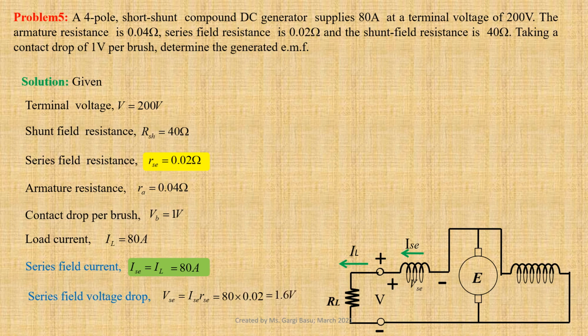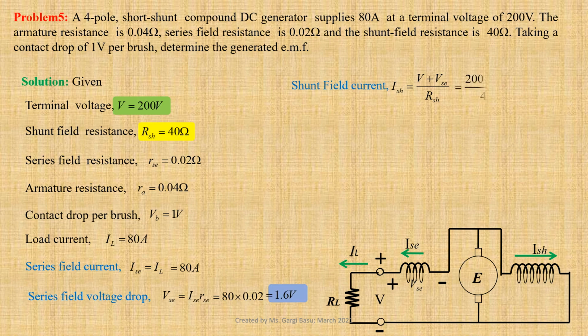Now we shall calculate shunt field current. ISH equals to V plus VAC divided by RSH. Using values, we get 200 plus 1.6 divided by 40, that gives us 5.04 ampere.